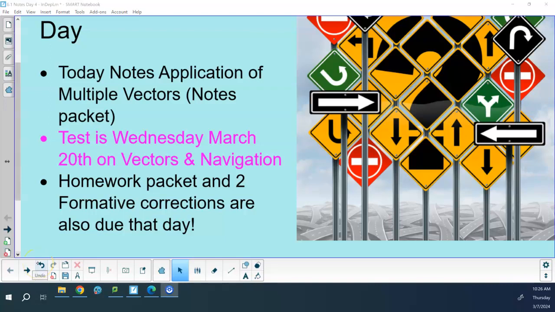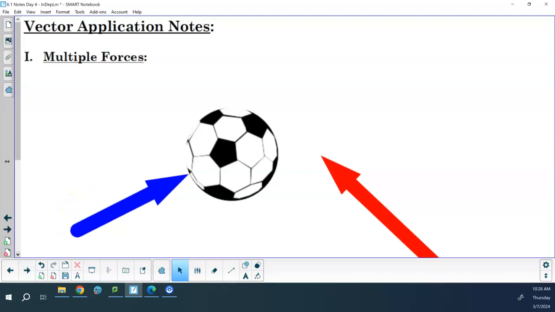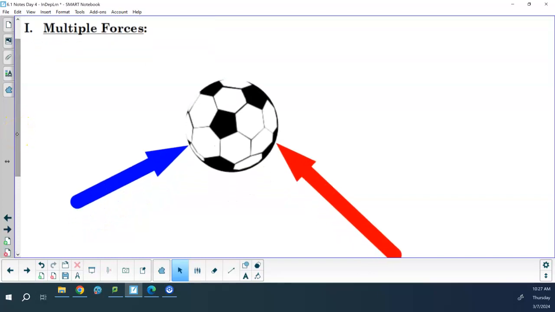So let's dive into it. So let's say I got a soccer ball. And on one hand, I come over and I apply a force to that soccer ball, meaning I kick the soccer ball. But at the same time, somebody else comes and kicks it from the red arrow. Now, depending upon which of those kicks are more powerful is going to depend upon which way the ball travels.